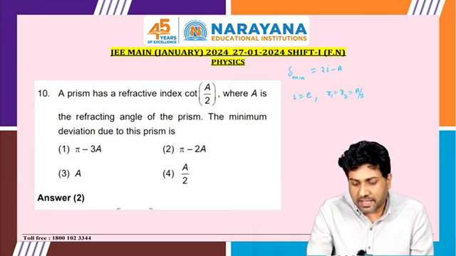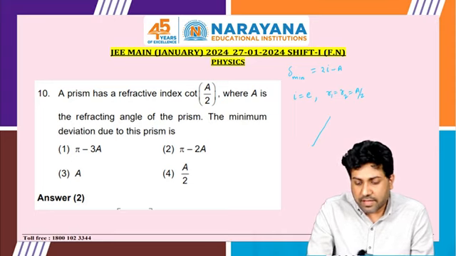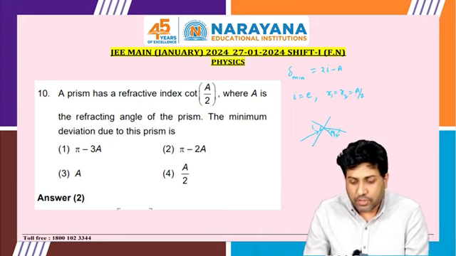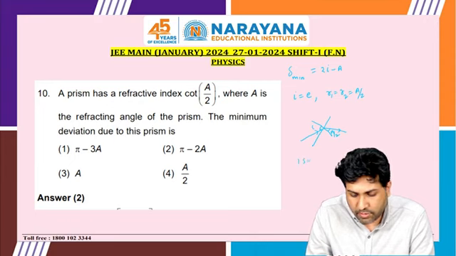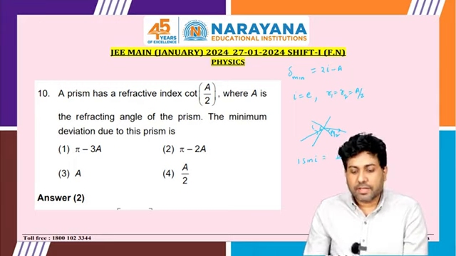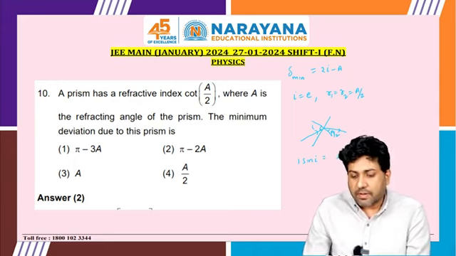So if I apply Snell's law on the first interface, this is i, and the angle of refraction here will be A/2. So 1 into sin i should be equal to mu into sin(A/2).